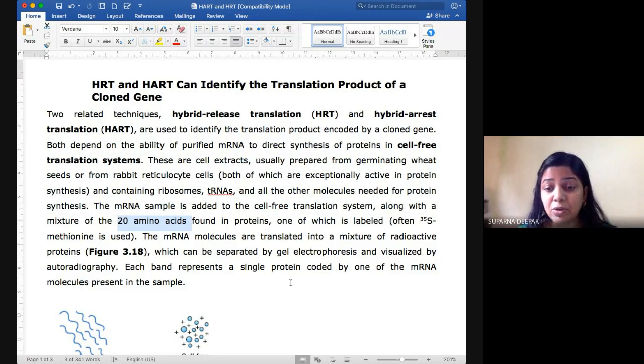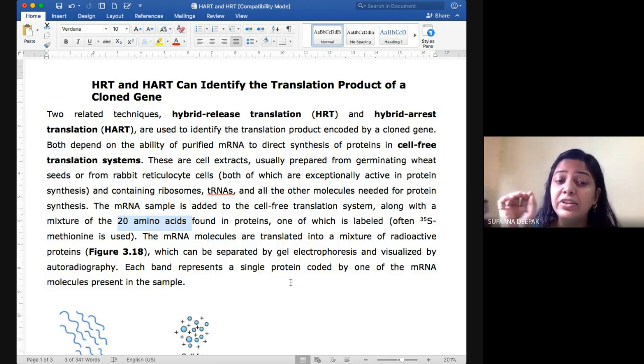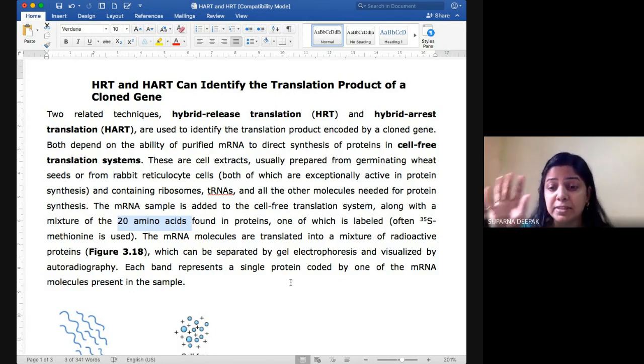We can separate out these proteins using a gel electrophoresis method, like PAGE or native PAGE, and afterwards visualize them using autoradiography. Each band will represent a particular protein coded by one of the mRNA molecules present in the sample.